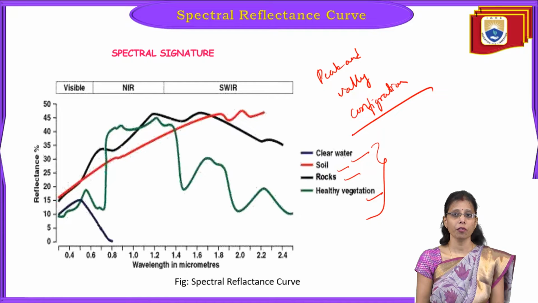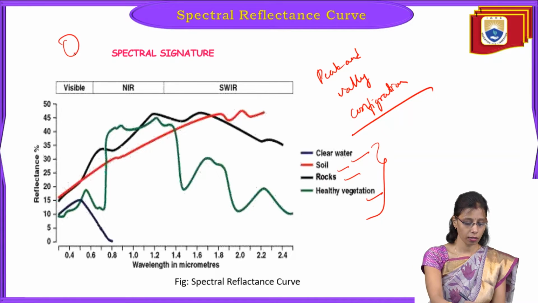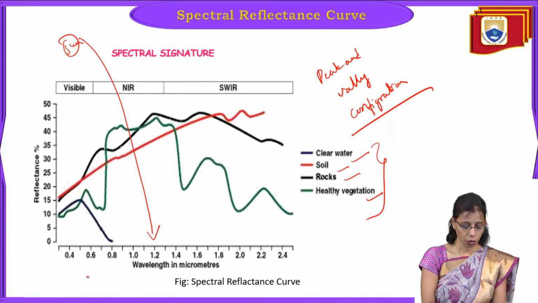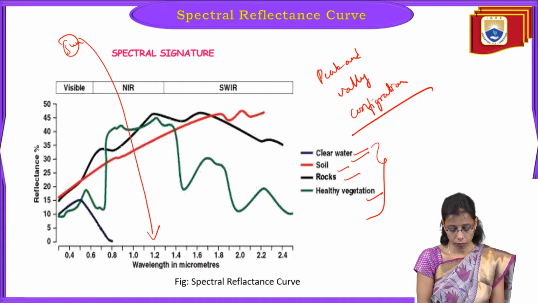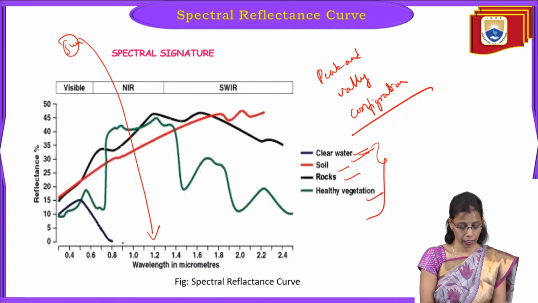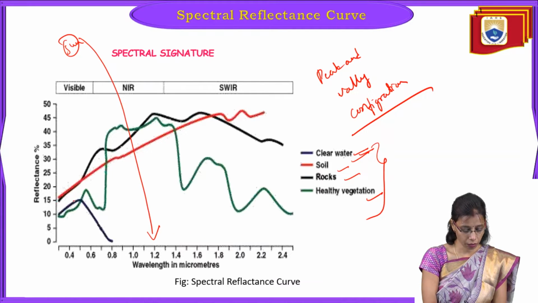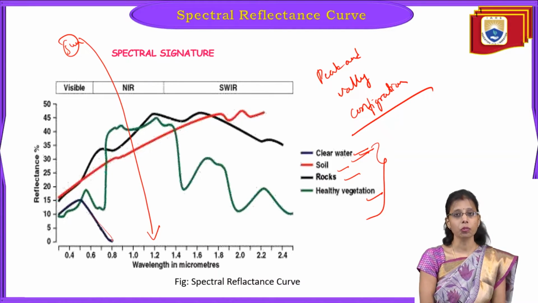What happens when energy falls on the Earth's surface? Suppose here is the sun, and it is falling on the ground. If we talk about clear water, this blue color is the clear water. Here the clear water is absorbing.